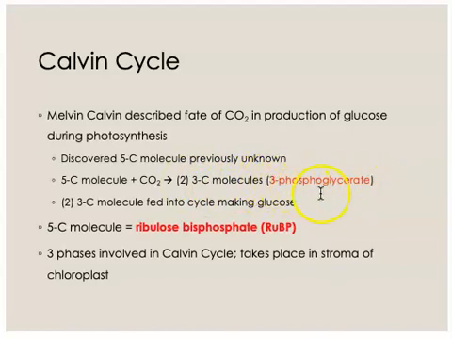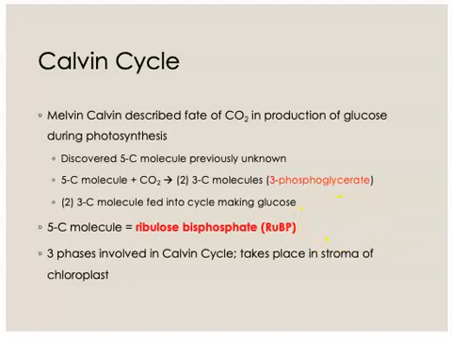It's 3-phosphoglycerate that then gets cycled into a set of reactions that make glucose. So what was this previously unknown 5-carbon molecule that Calvin discovered and described? It's called ribulose bisphosphate. Ribulose bisphosphate goes by the abbreviation of RuBP.